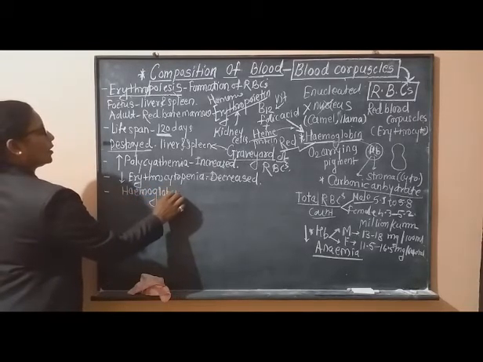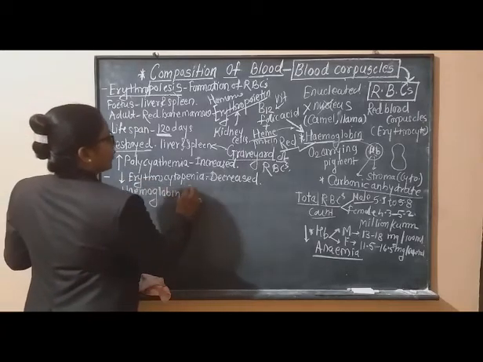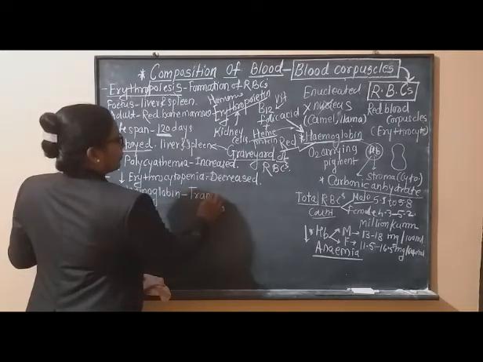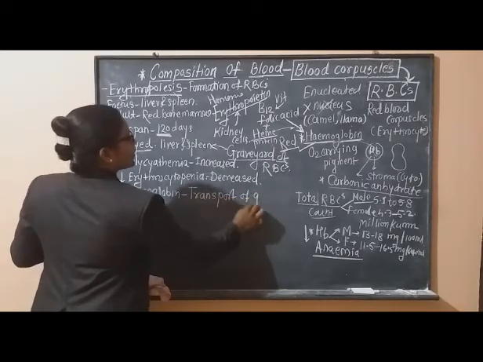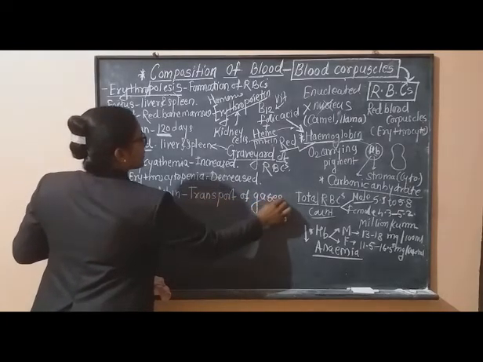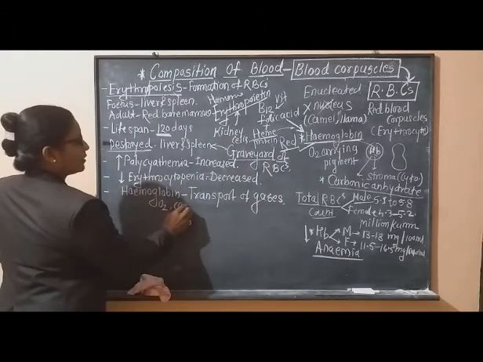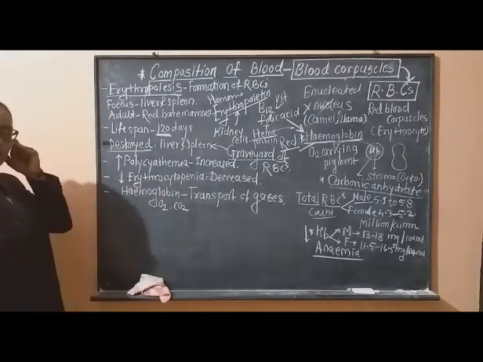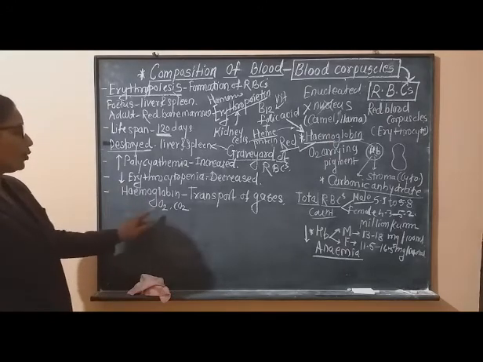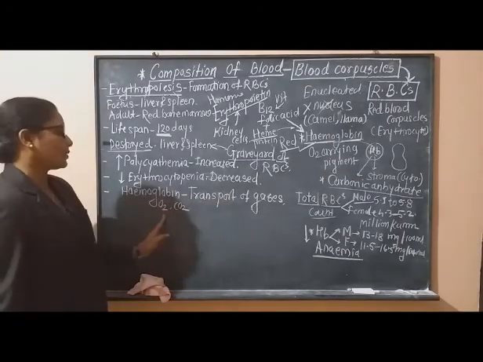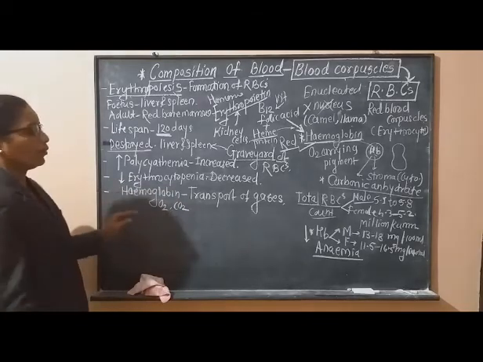Now, the RBC consists of hemoglobin, and this hemoglobin is very important because it performs the function of transport of gases. Now which gases? Transport of oxygen and CO2. The first function of hemoglobin is transport of the gases, that is oxygen and CO2.